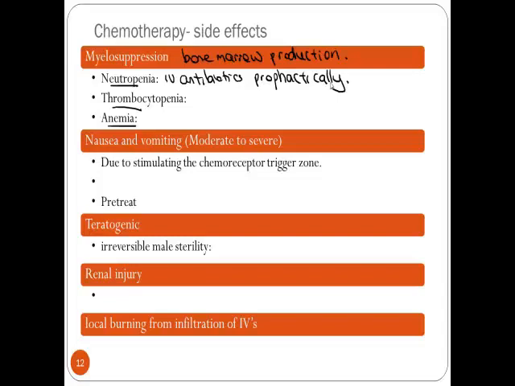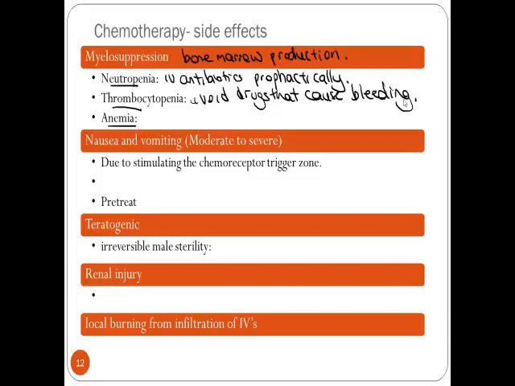To combat the decrease in platelet counts, thrombocytopenia, the patient needs to avoid drugs that cause bleeding. So, you know, your warfarins, heparins, and all that kind of stuff. Try to avoid those if at all possible.